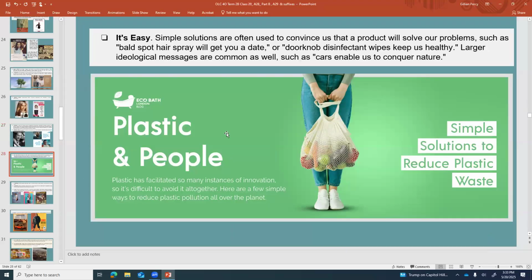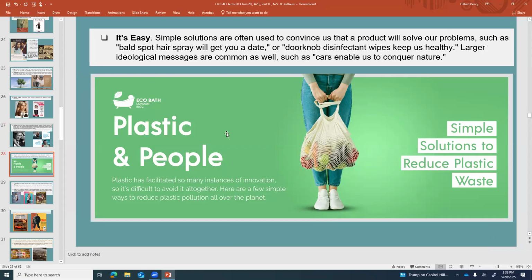It's easy. This is when they want simple solutions, that a product is going to solve all your problems, like bald spot hairspray is going to get you a date, or doorknob disinfectant wipes keep us healthy. Here, they're selling kind of a net bag and saying it's a simple solution to reduce plastic waste. It's certainly one part of a solution, right?